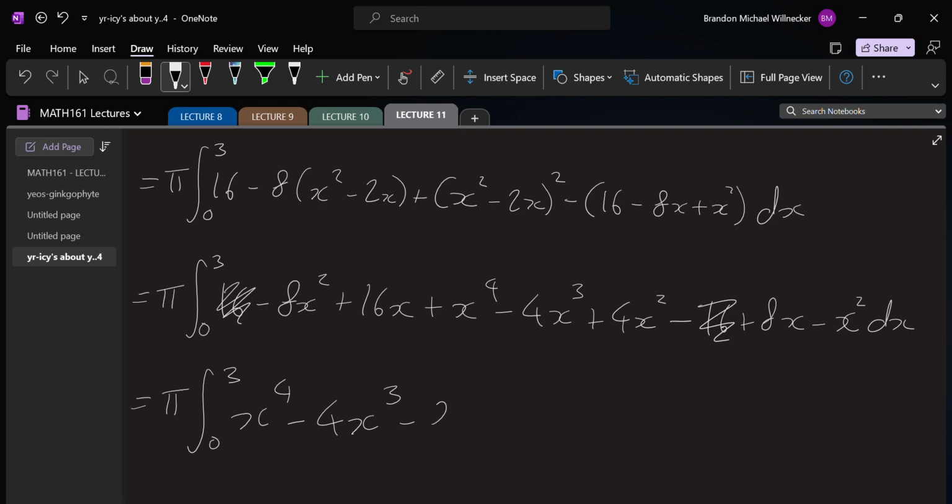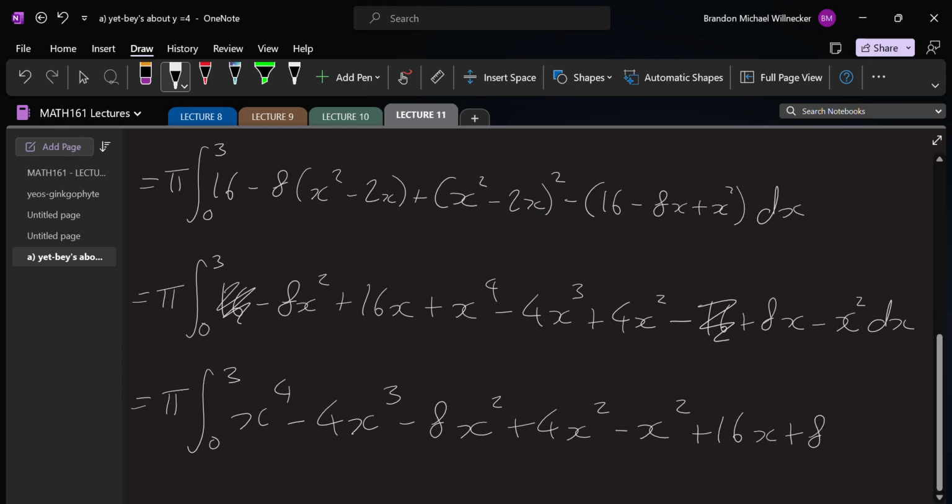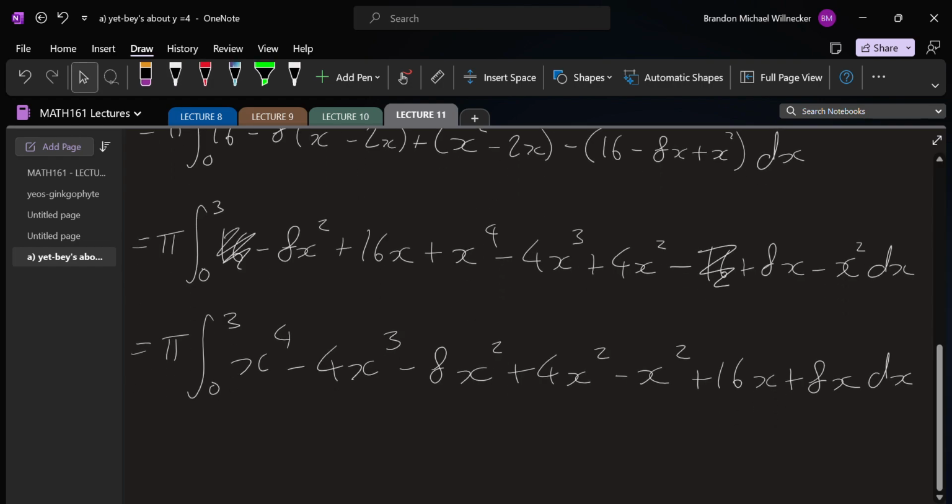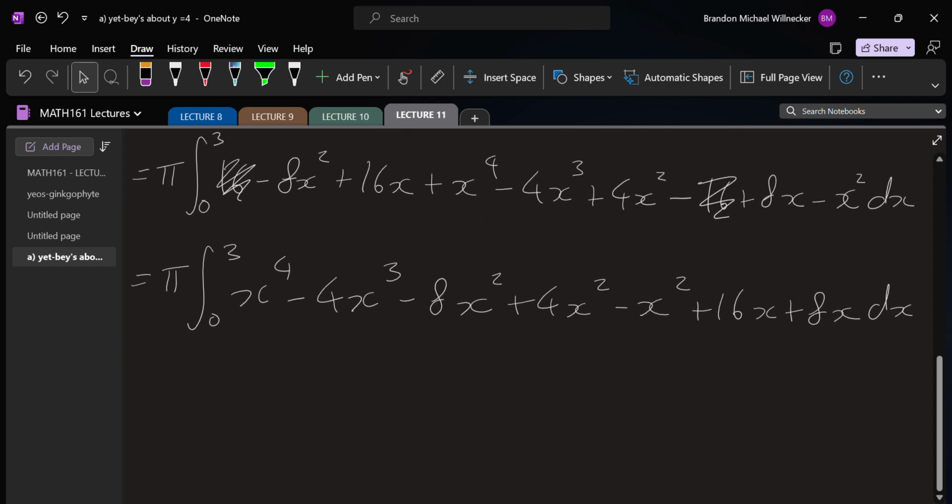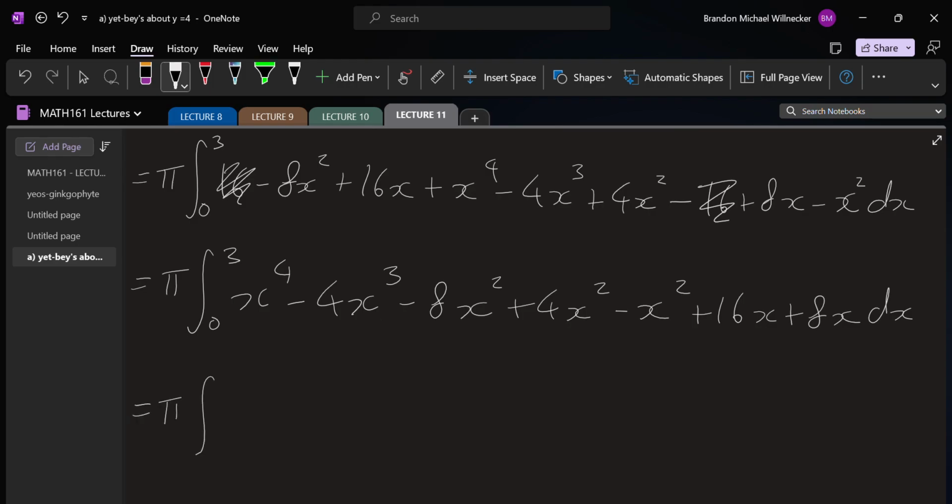Let's put the squares first. We've got minus 8x squared, plus 4x squared, and another minus x squared. Then we've got the 16x and 8x. That's just organizing everything.